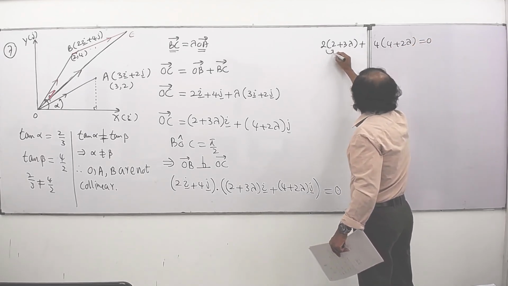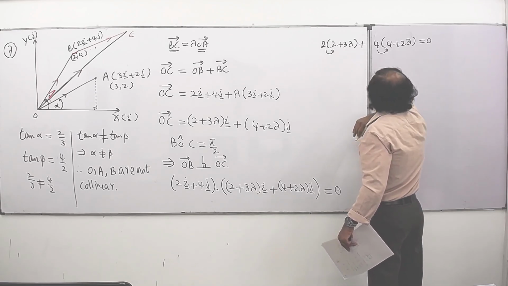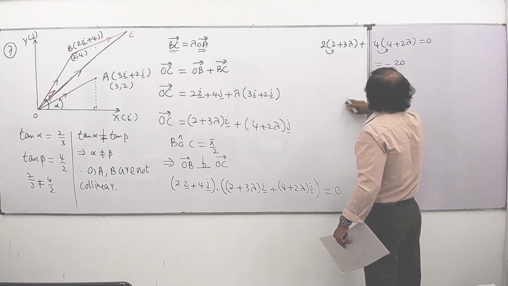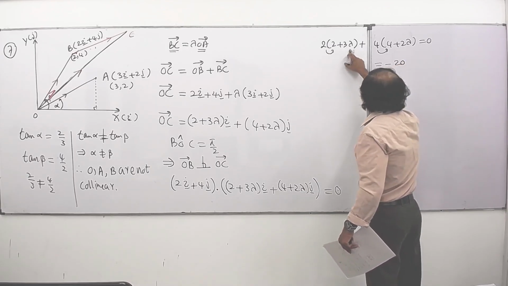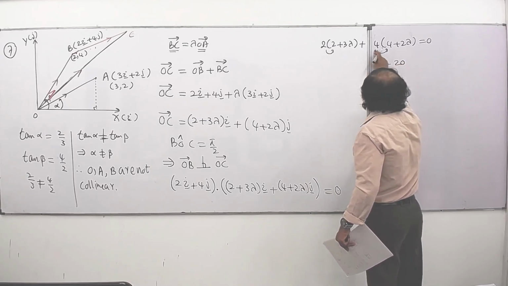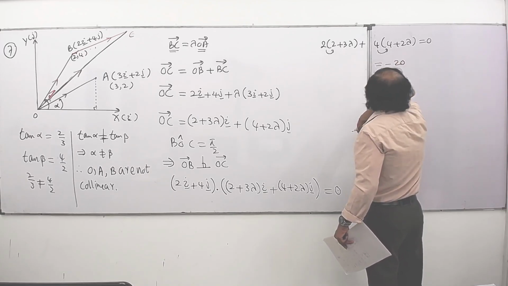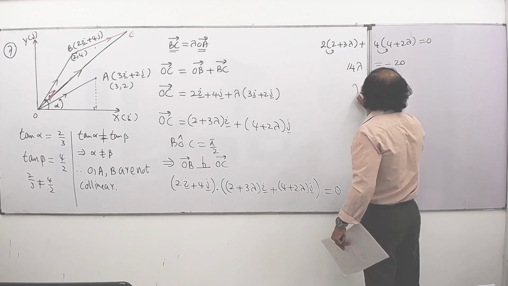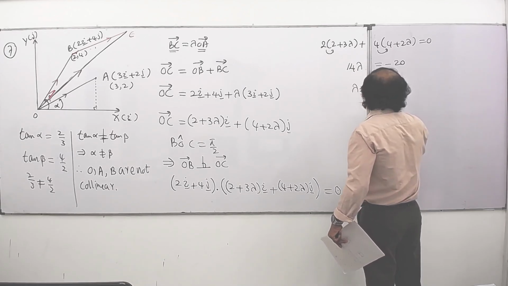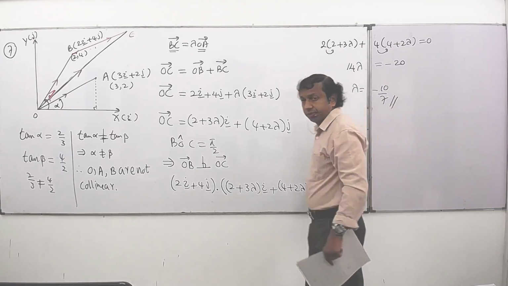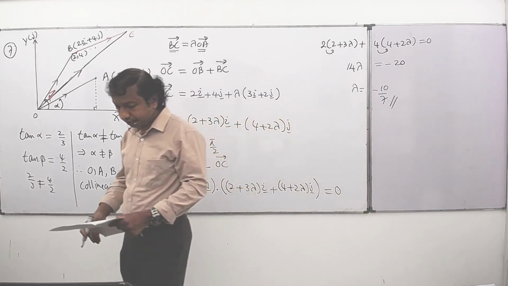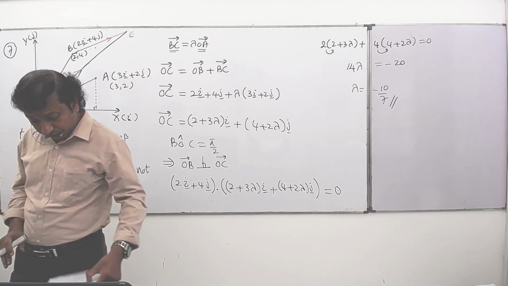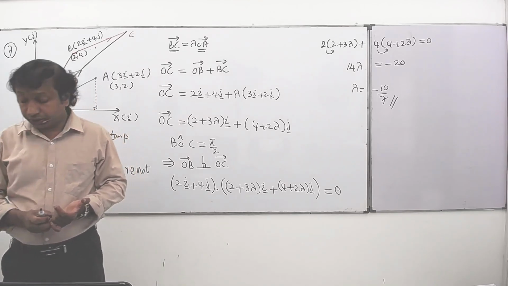Here we have 4, here we have 16, then 20. Take it to the right hand side, minus 20. Here we have 6 lambda, here we have 8 lambda, 14 lambda. Lambda is going to be minus 10 by 7. This way we get the value of lambda. Okay. The last question.